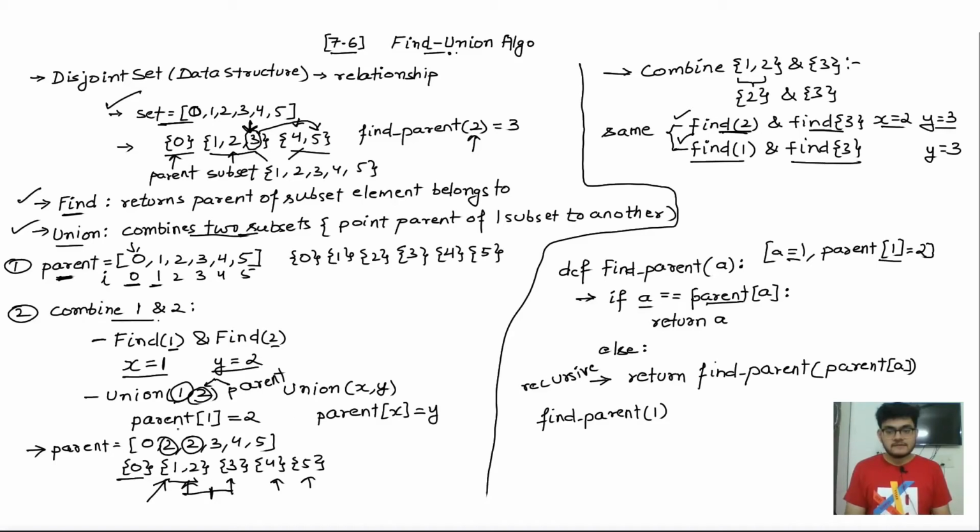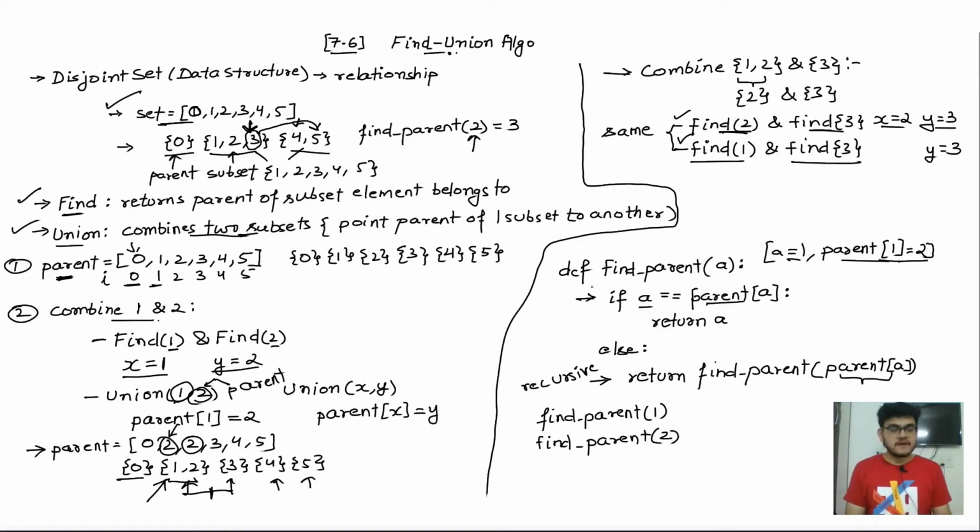Here parent of a is actually 2. So this will make a recursive call to find parent, and instead of a, I am giving parent of a, which is 2. So find parent of 2 is 2 itself.